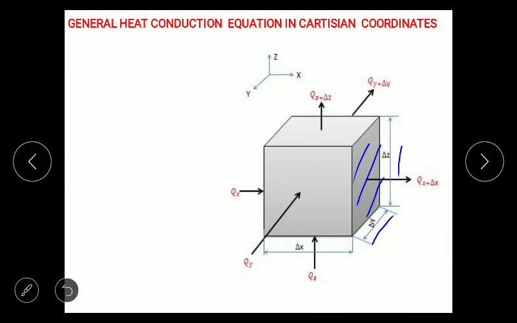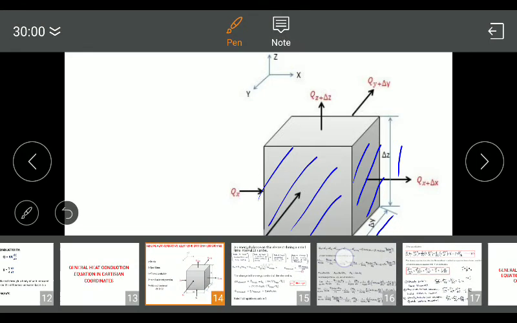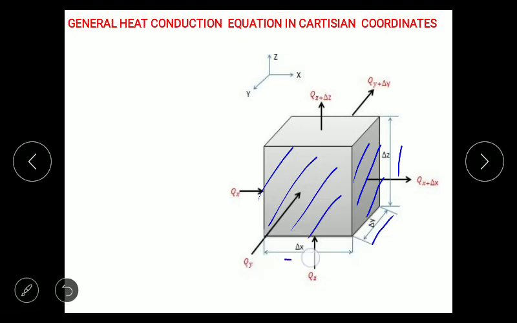If it is the y direction, this is the face that is exposed in the y direction, or the face behind this, whose area is length into width. The length is delta x, and the width is delta z. So the area in y direction, ay, equals delta x into delta z. In the z direction, this is the face that is exposed, and that face area is length, that is delta x, into width, that is delta y.